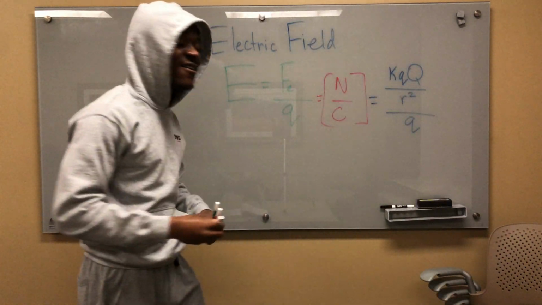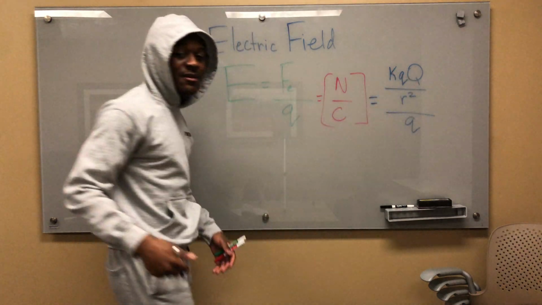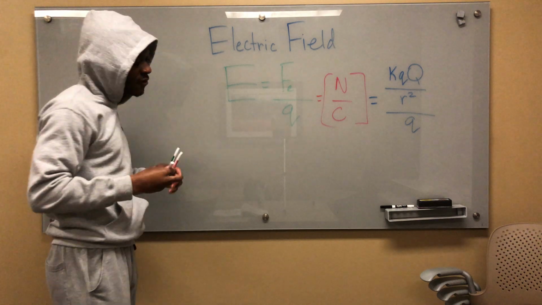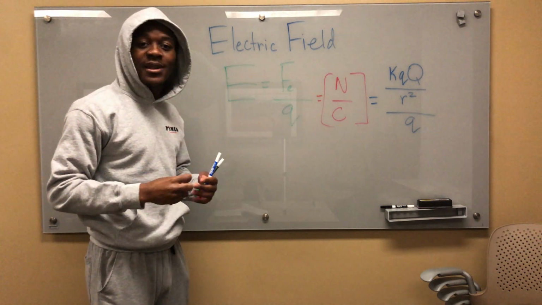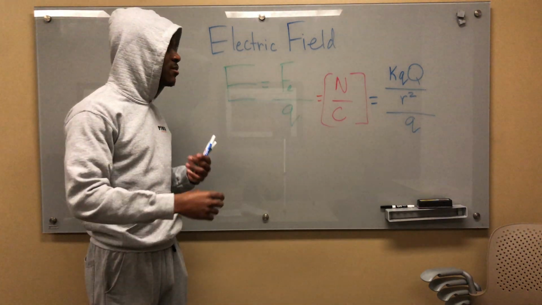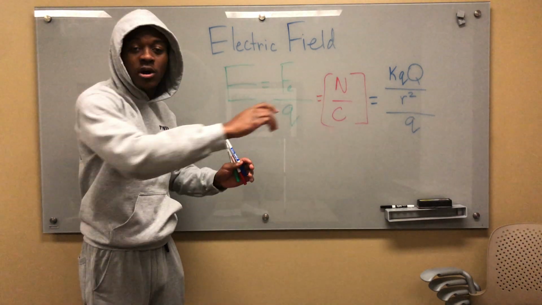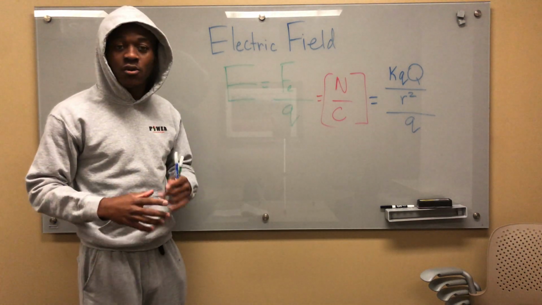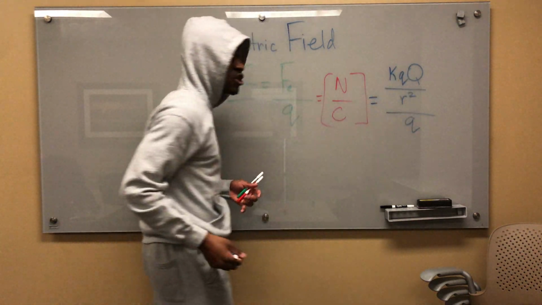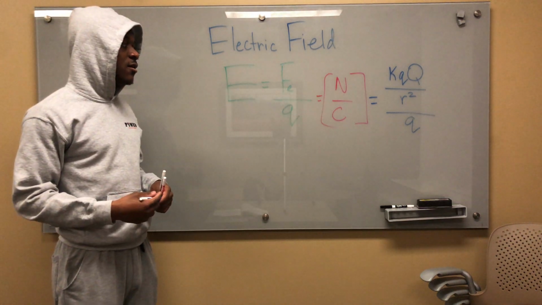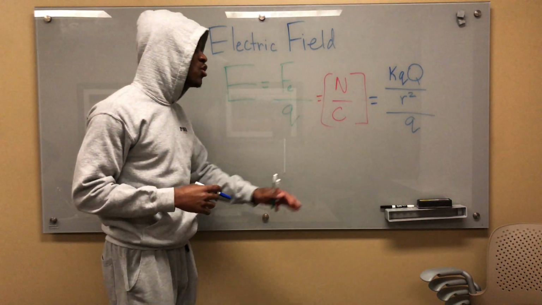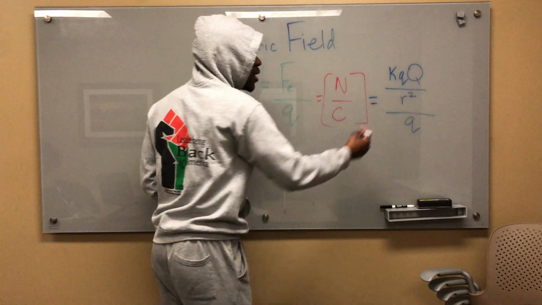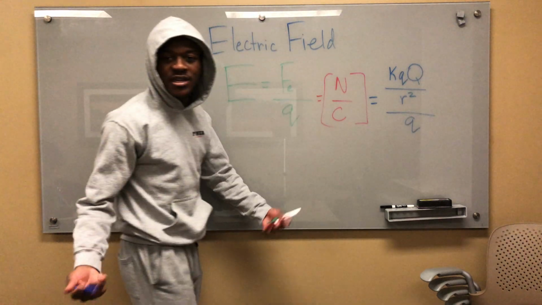Basically, if I have a charge, which will be given by my Q, and I have a test charge, which basically says that if I put a proton or an electron, or let me say a particle, within the electric field of another particle, that can be given by a test charge, that is going to be denoted as q. So you would have seen this written as Q1 times Q2 times K over R squared, but this is sort of the same thing.